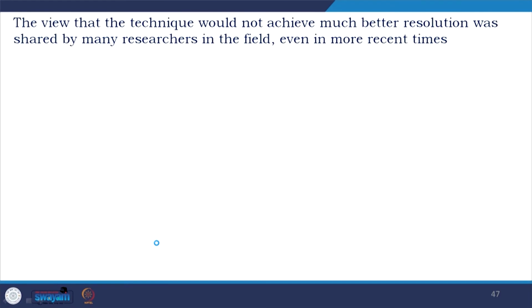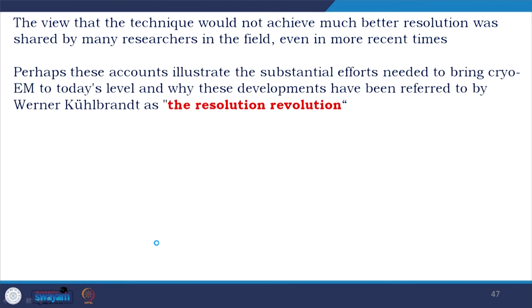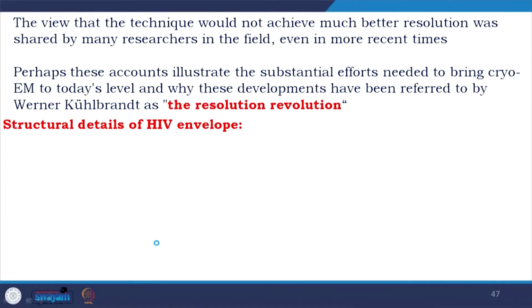The view that the technique would not achieve much better resolution was shared by many researchers about cryo-EM. Perhaps these accounts illustrate the substantial efforts needed to bring cryo-EM to today's level, and why these developments have been referred to by Werner Kühlbrandt as the resolution revolution. There are many such examples nowadays, but I will show you the structural details of HIV envelope.